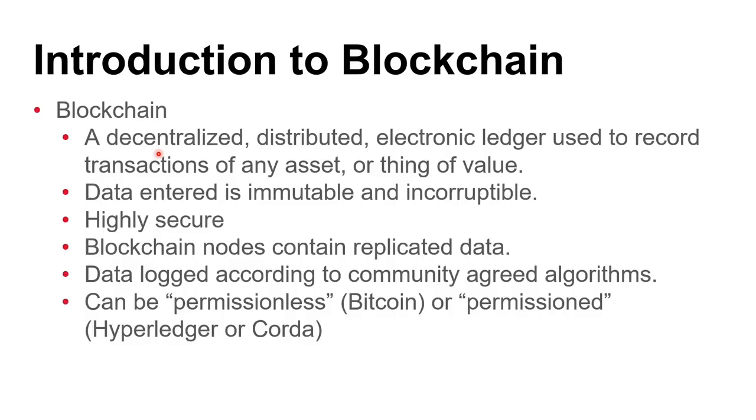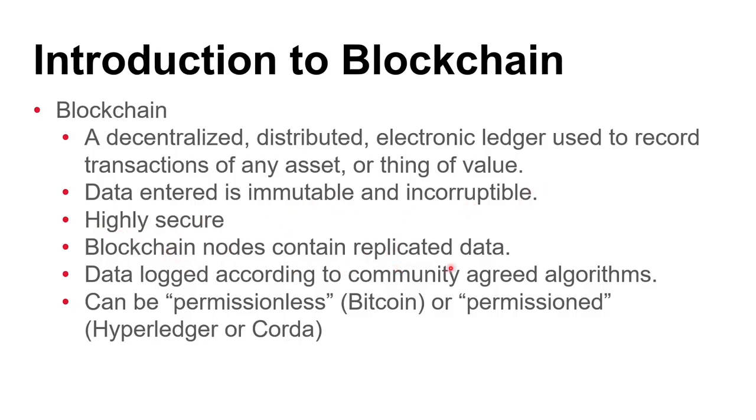Every tier, or every node, every computer is running the exact same software with the exact same data. The data is immutable and incorruptible. We'll talk about later why data is immutable on a blockchain and why it is incorruptible. Highly secure. Well, for these reasons alone, the immutability and incorruptibility, that goes to high security.